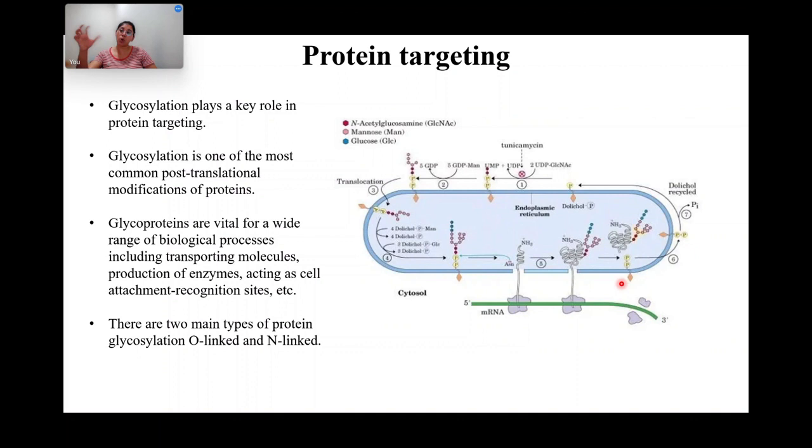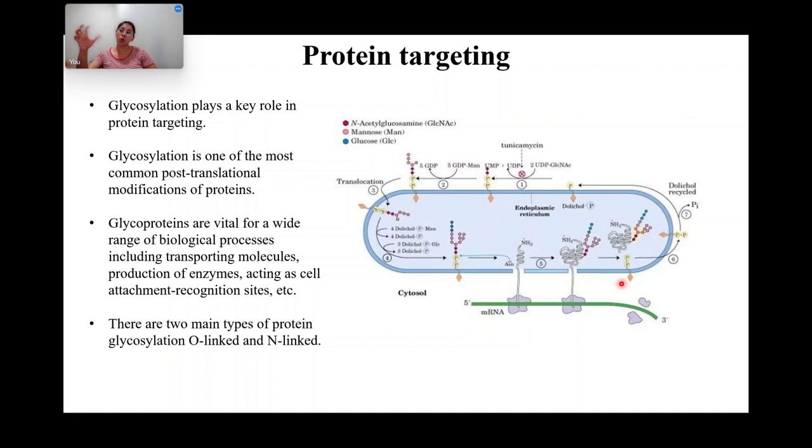The addition of glycan itself takes several events to occur. The first is precursor glycan assembly. As you know, the ER has its surface membrane, and then there is the lumen. For the glycan to be added to the protein, it has to be first assembled outside the ER.